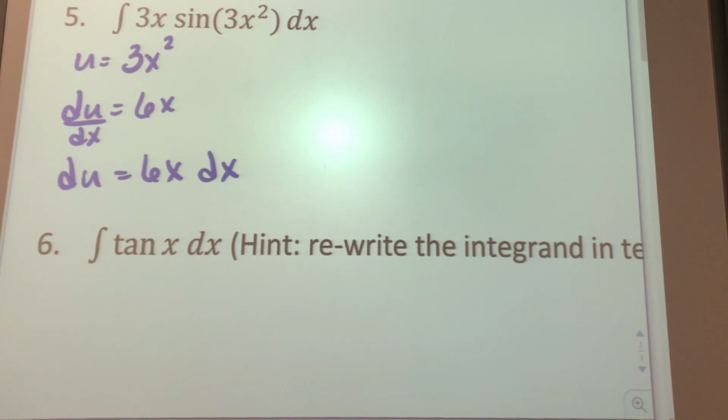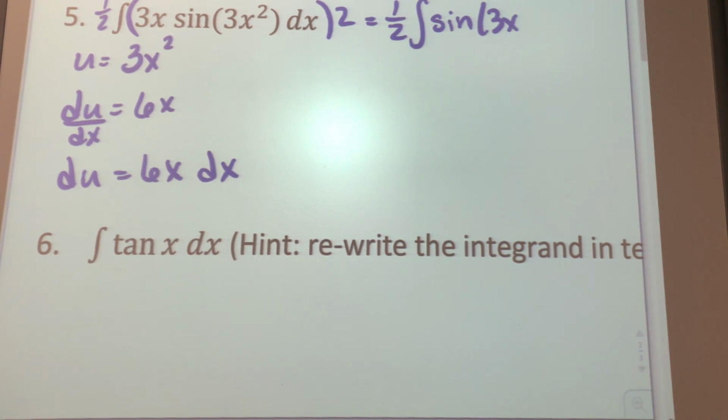So we have the 3x, we want 6x, so we are going to multiply by 2. And then in front, we have to counteract that by multiplying by 1/2. Right, and then I'm just going to rearrange to move the 6x to the end.